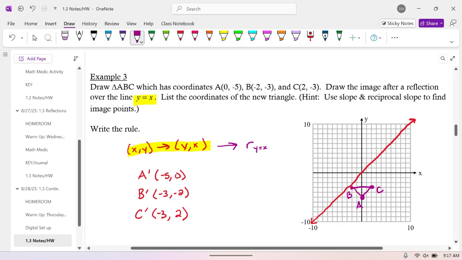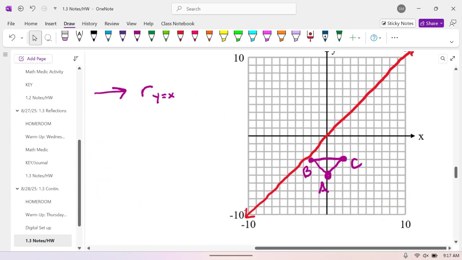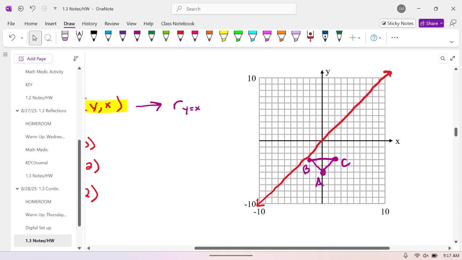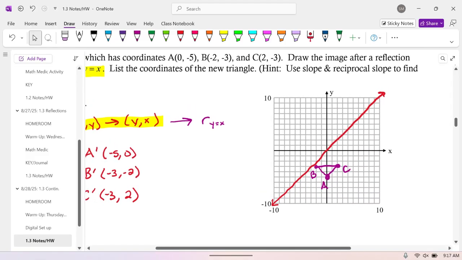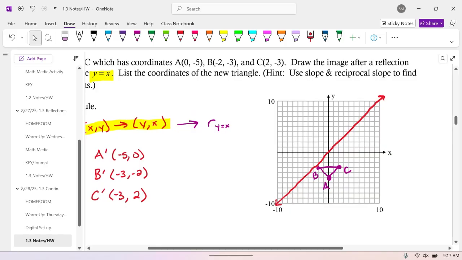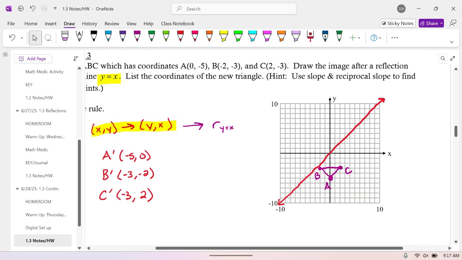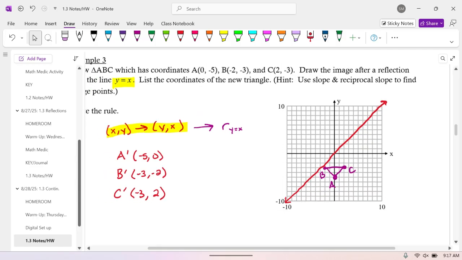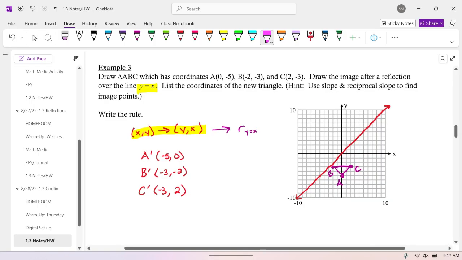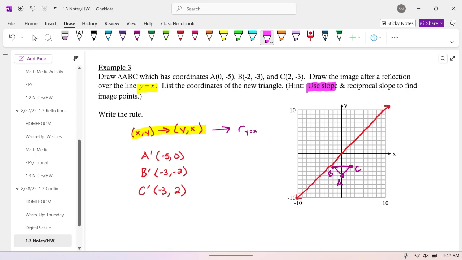Now, I kind of discussed this yesterday, but I want to go into a bit more detail. So typically, if you have to reflect over y equals x or even y equals -x, you typically want to essentially find the slope and then find the reciprocal slopes of the image points. So you would use slope. Basically, it's almost like you're counting from how far away it is from the line and using reciprocal slope to find the image points.